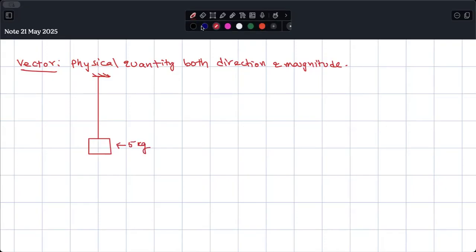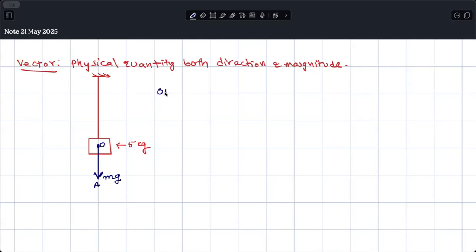What I will be doing right now is I will represent the weight mg by a directed line segment like this, mg. Remember, it has a starting point and an ending point with an arrow head. For example, OA.